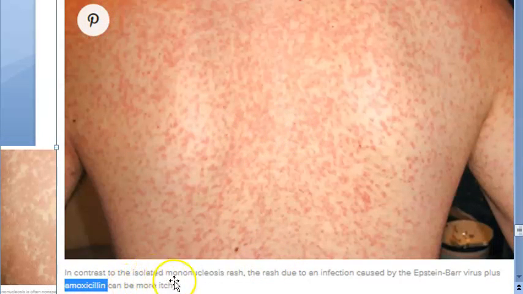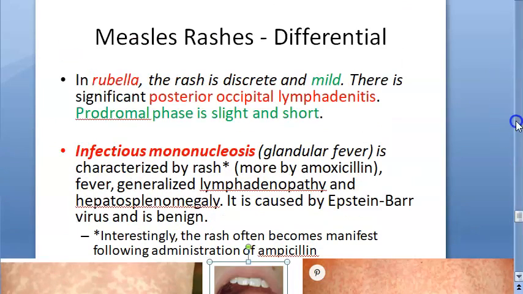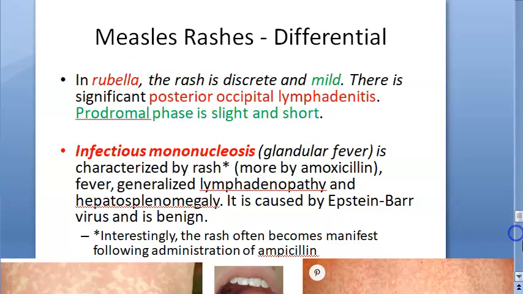In contrast to the isolated mononucleosis rash, the rash due to an infection caused by Epstein-Barr virus plus amoxicillin. So here they have given amoxicillin, so the rash has become more itchy. So infectious mononucleosis, rubella and Roseola infantum by human herpes. This much we have seen as differential.